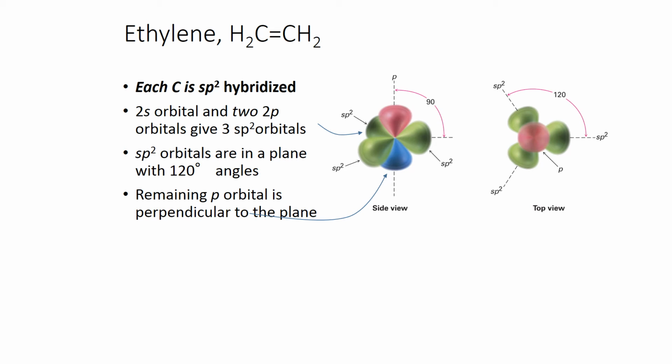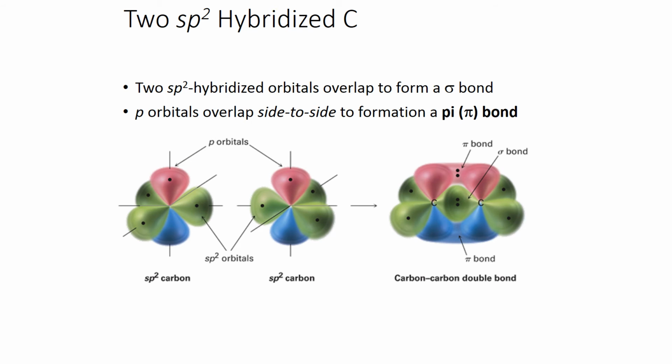So this leftover p is perpendicular to the other orbitals. So now I'm going to have these 2 sp2 hybridized orbitals come in. I'm going to bring this and this orbital together, and they're going to overlap and make a sigma bond.